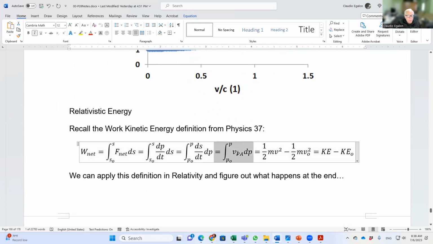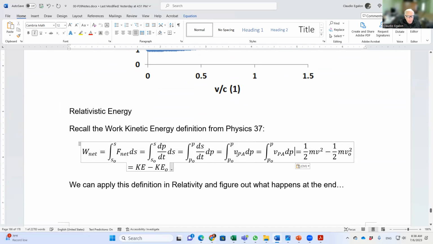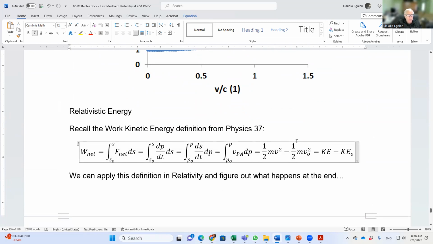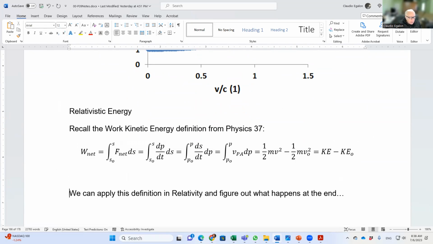Now eventually, I'm not going to do this step, okay? Just note that dp is a function of v_PA.